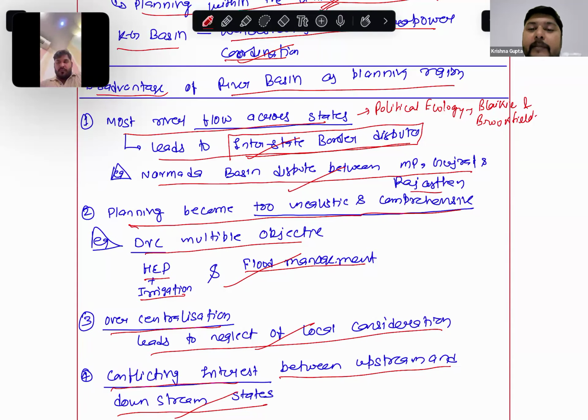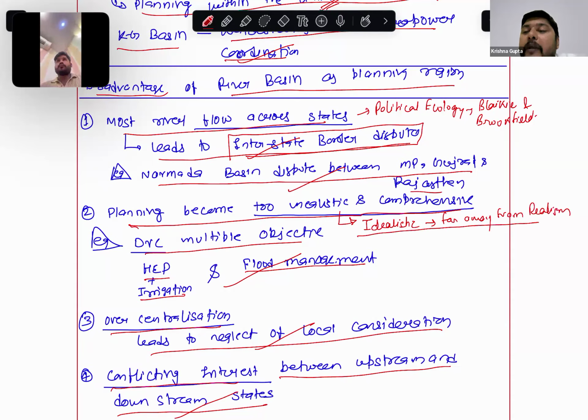Okay, then planning becomes too unrealistic and comprehensive. So here we can add here जब unrealistic हो जाए and comprehensive हो जाए, so it becomes idealistic, which is far away from realism.